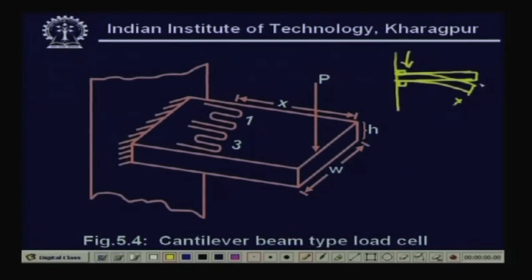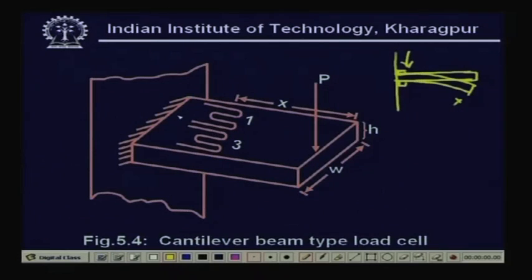Now, you see that here also we have used 4 strain gauges, 1 and 3 on the top and 2 and 4 at the bottom. You cannot see them from the top. So, 2 and 4 are at the bottom of this cantilever beam type load cell, right. If I apply a force at the extreme end, the strain gauges 1 and 3 will be subjected to tensile load, whereas strain gauges 2 and 4 are subjected to compressive load, right.